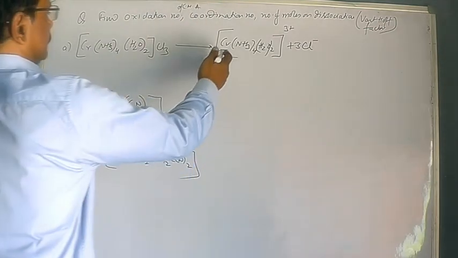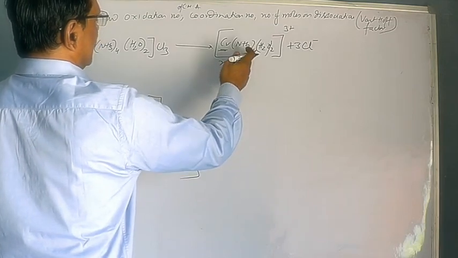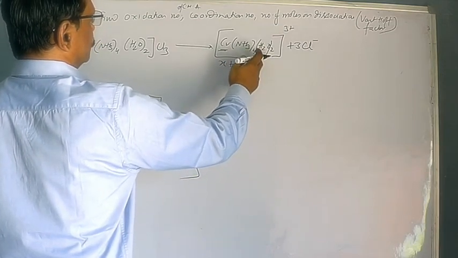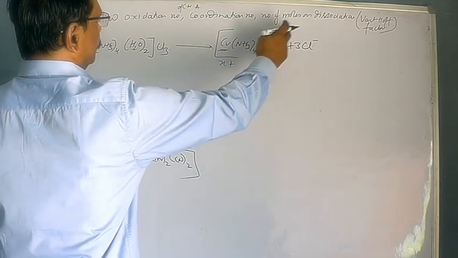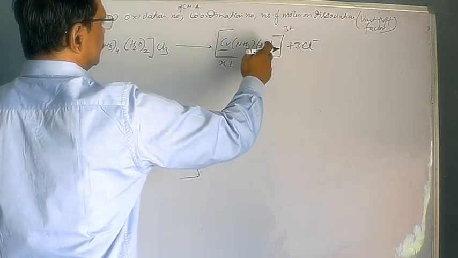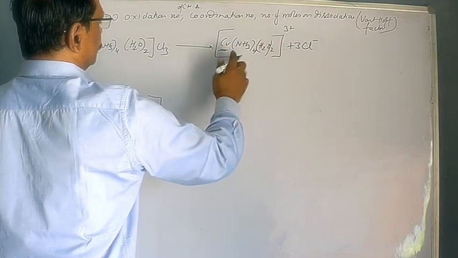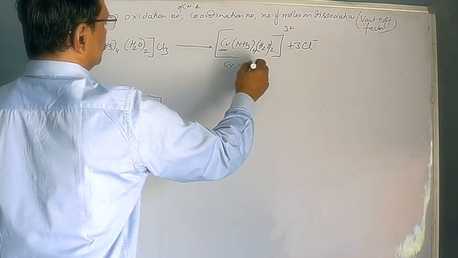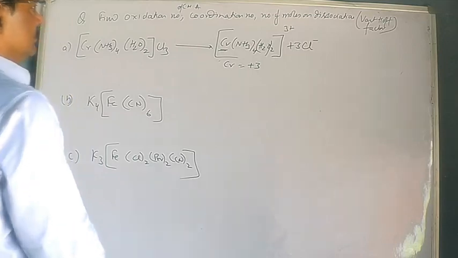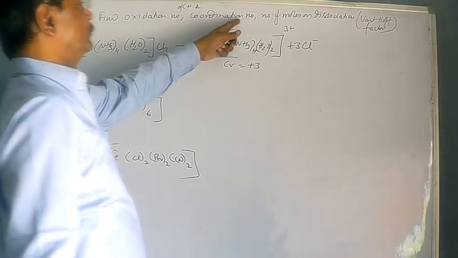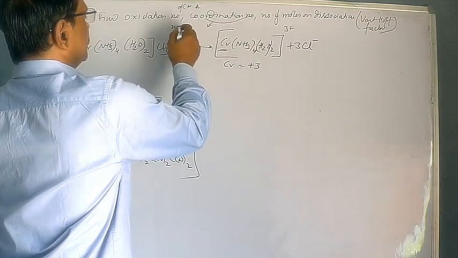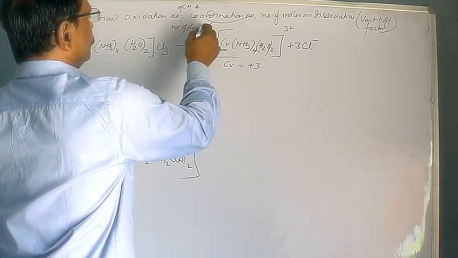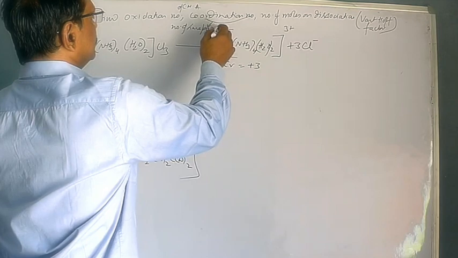So let us take chromium equal to X. Class, ammonia and water both are neutral molecules, so they do not have any charge. So whatever the charge is there, it is already here. So no charge from this side. So the oxidation number of chromium is +3. Then coordination number. What is coordination number? Number of lone pairs accepted.